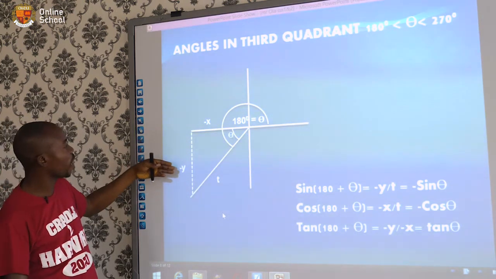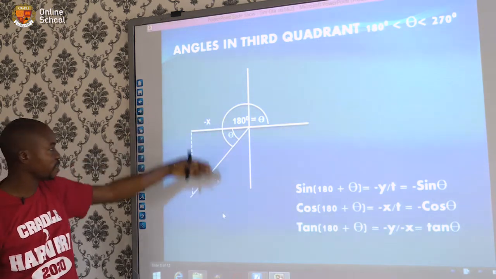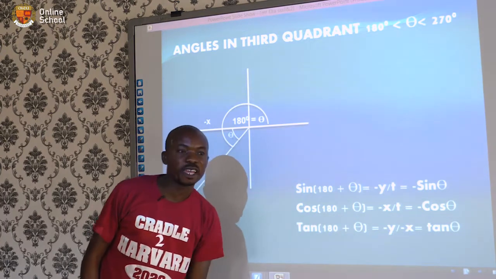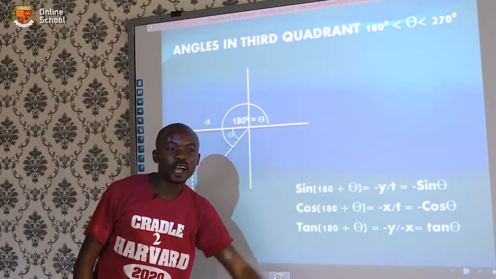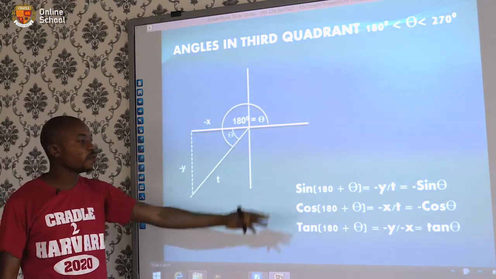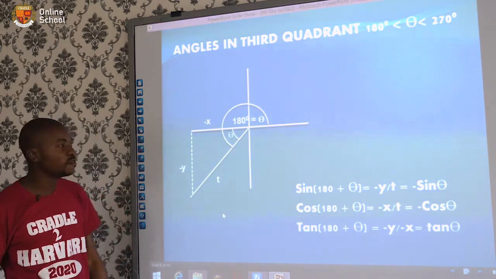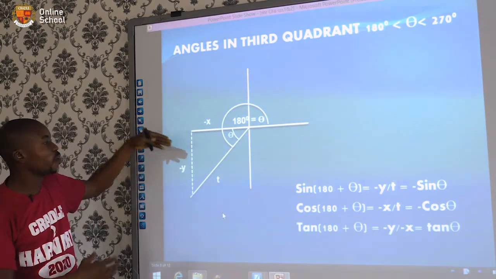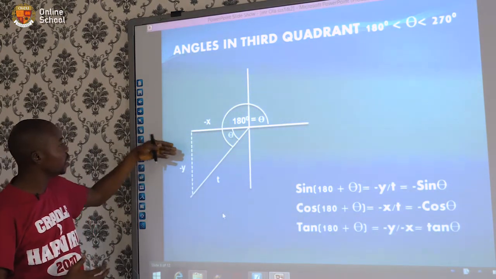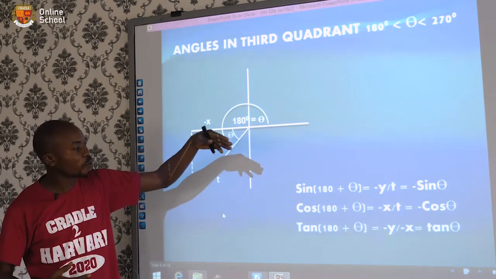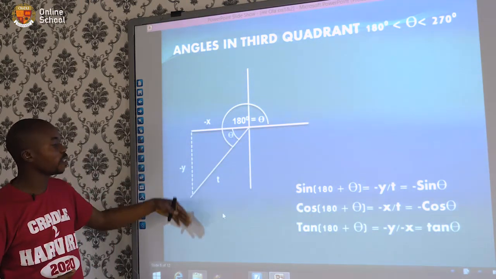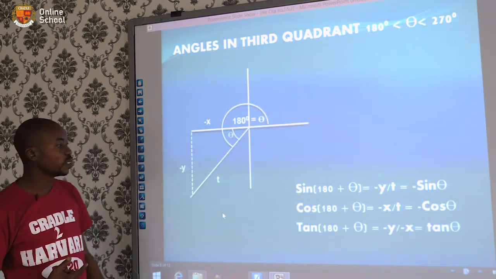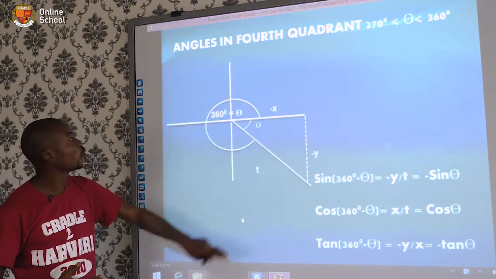We have a negative y divided by a negative x. By the time you divide that, you have a positive value, and that makes tan theta positive in the third quadrant. So the summary: sine theta is negative, cos theta is negative, and tan theta is positive. So tan theta is the only positive value in the third quadrant.